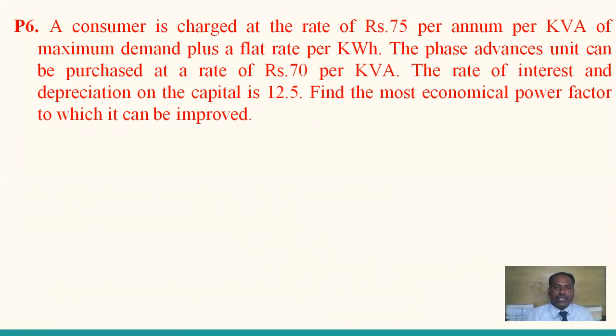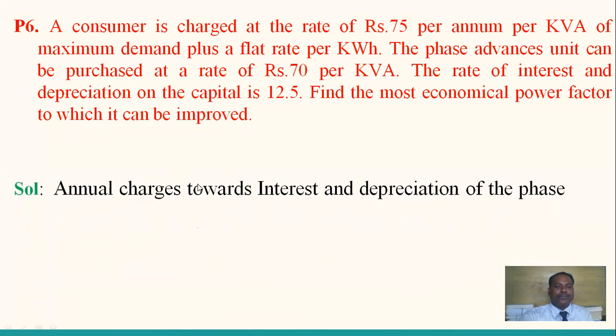A consumer is charged at the rate of rupees 75 per annum per kVA of maximum demand plus a flat rate per kilowatt hour. The phase advancing unit can be purchased at the rate of 70 rupees per kVA. The rate of interest and depreciation on the capital is 12.5. Find the most economical power factor to which it can be improved. So this problem belongs to the most economical power factor.